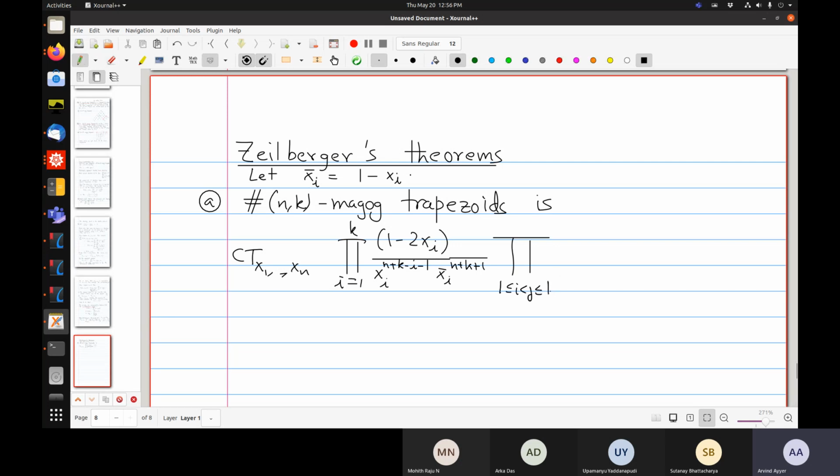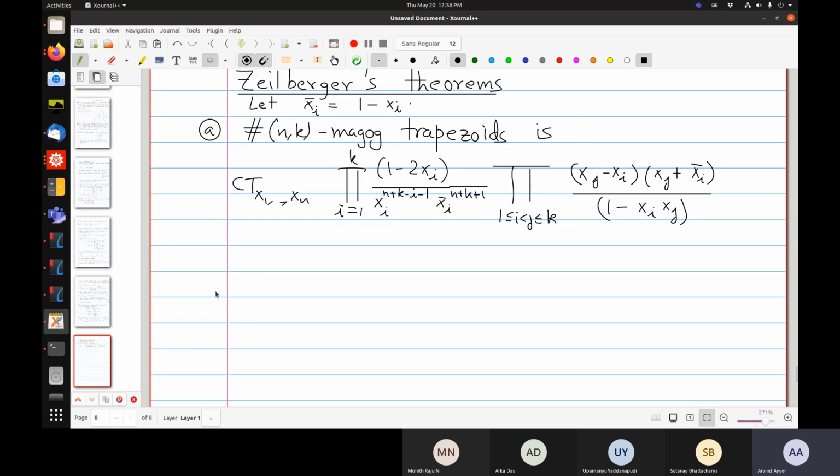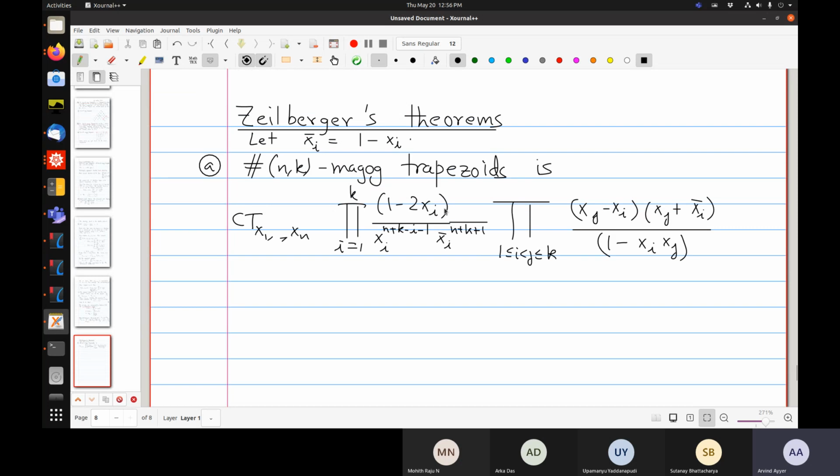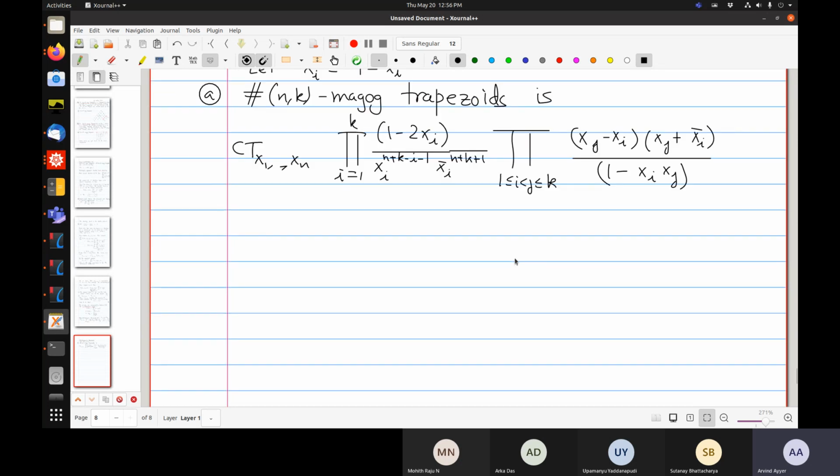Remember there are 2 parameters here, n and k. Of (xj minus xi), (xj plus xi bar) divided by (1 minus xi xj). So he managed to show that the number of n,k Magog trapezoids is this constant term identity.